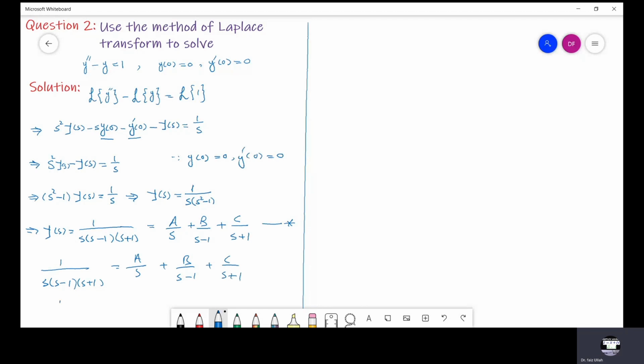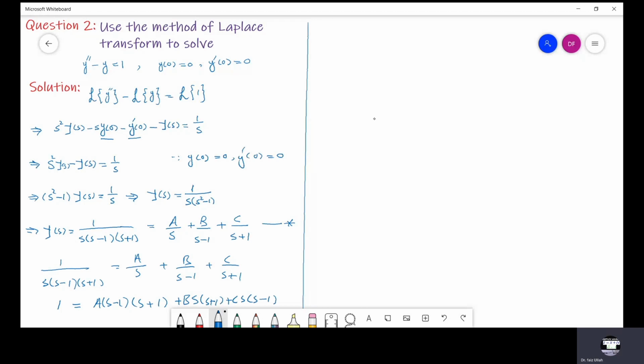And now let us multiply with LCM. So we have 1 is equal to a into s minus 1 into s plus 1 plus b s into s plus 1 plus c s into s minus 1.